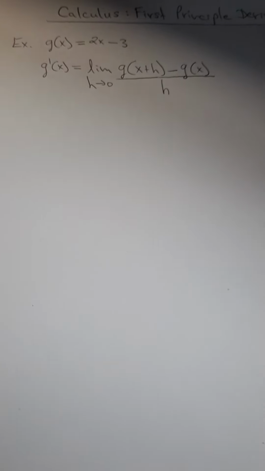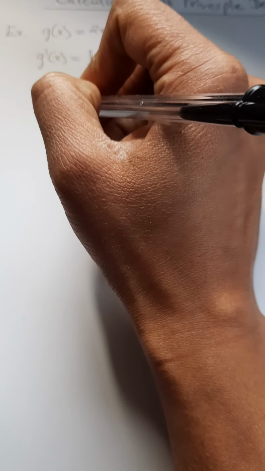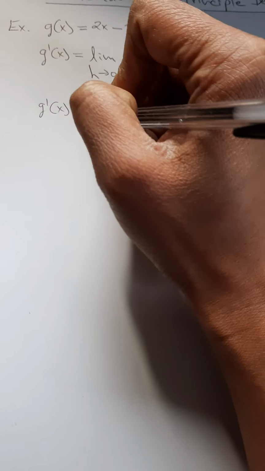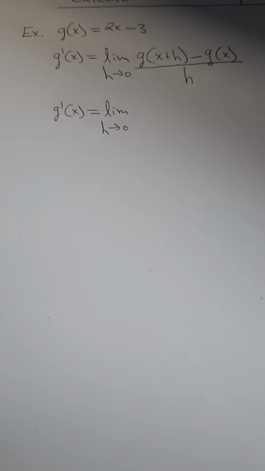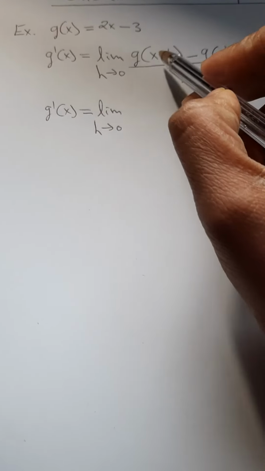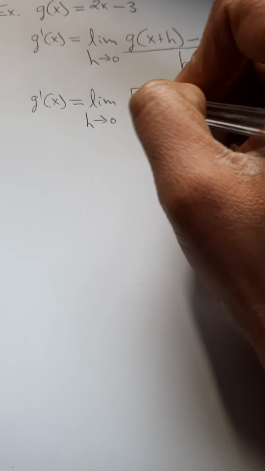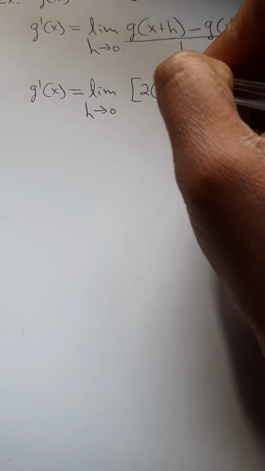So what you're going to do here is we are going to substitute the g of x. So let's write it one more time. We'll write g prime of x equals the limit as h approaches 0. So the first time into this equation, you're going to substitute x plus h. So I think we'll just use the square brackets here.